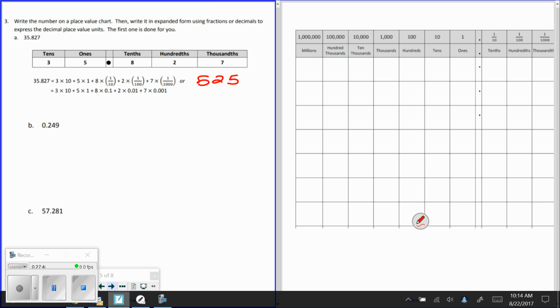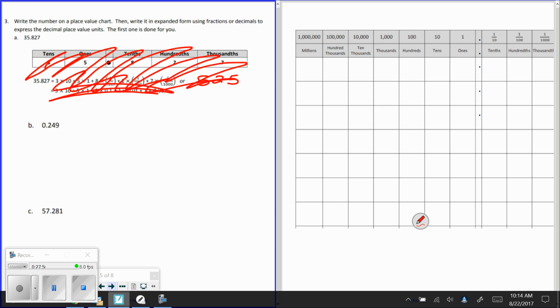Take the number, and see, I'm going to even ignore all this. I'm not even looking at it. I'm pretending this is not here because I'm going to do it again. Because they're telling you to do what I'm telling you to do. Take this number, 35 and 827 thousandths.